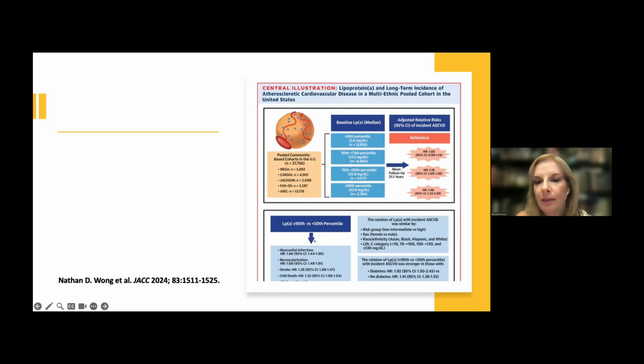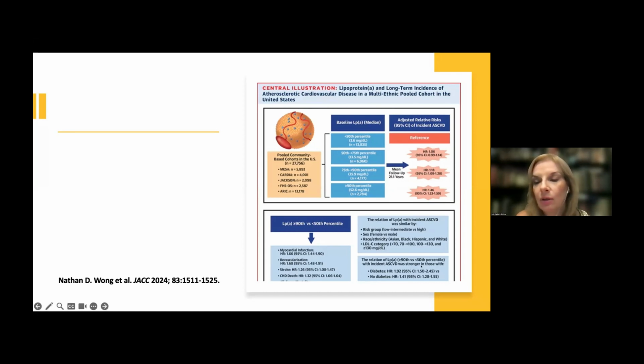And this relation is similar even if the analysis was based on sex, on race, or regardless of the LDL cholesterol category.